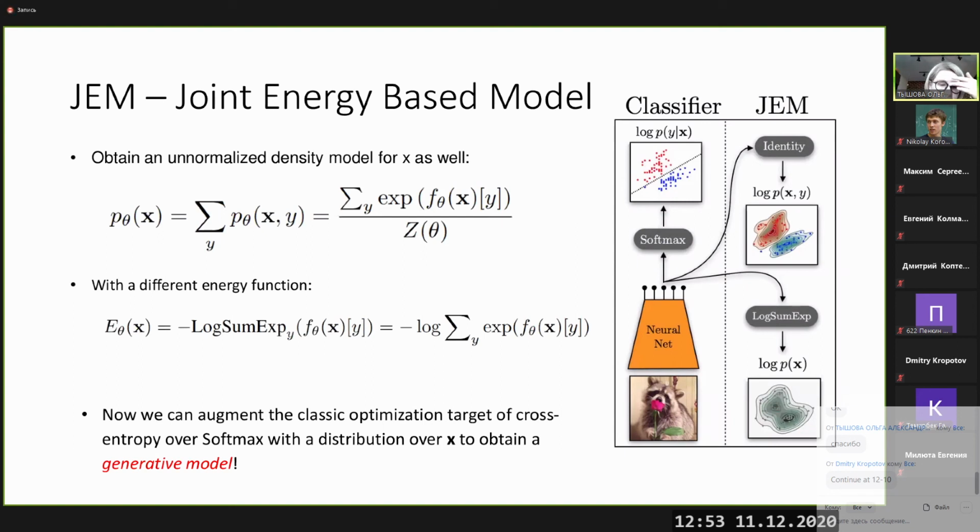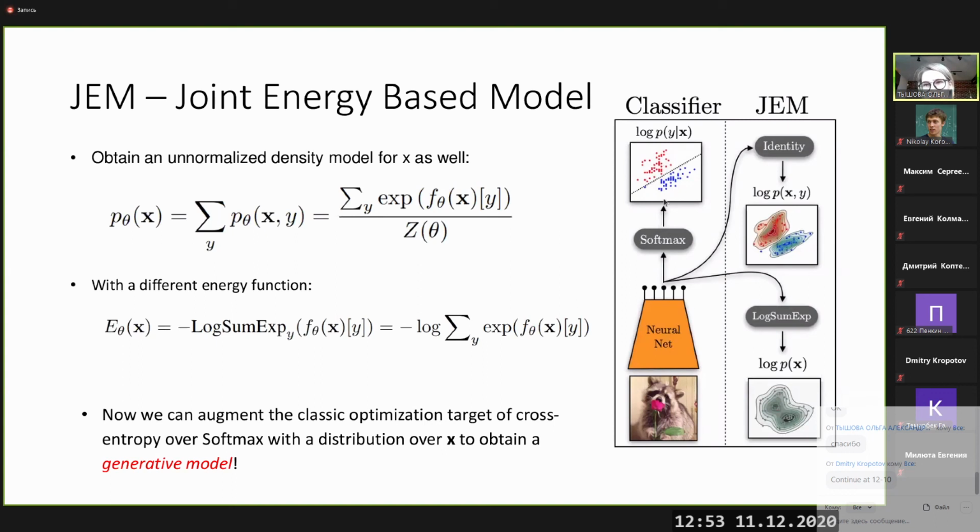The energy function actually equals the negative logarithm of the sum of exponents of our function f. And this is how the discriminative image classifier is now turned into a generative network.